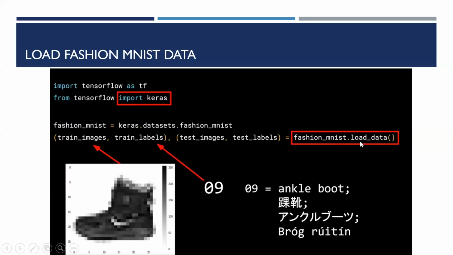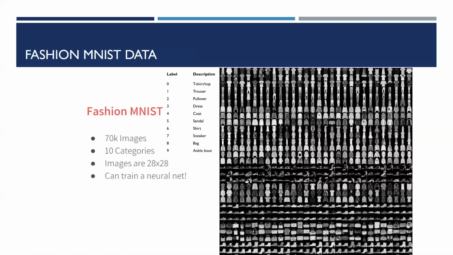Okay, so while loading it, there are four terms which I think we have not talked about so far: train images, train labels, test images, and test labels. As I mentioned earlier, we have 70,000 images.